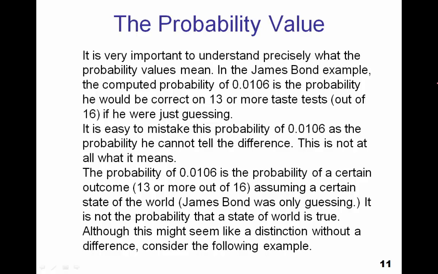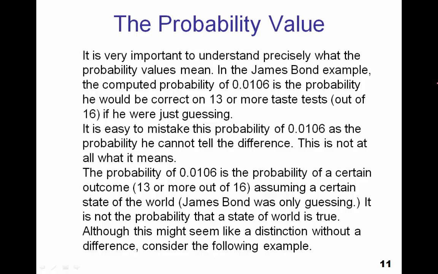It is easy to mistake this probability of 0.0106 as the probability he cannot tell the difference. This is not at all what it means. The probability of 0.0106 is the probability of a certain outcome, 13 or more correct out of 16, assuming a certain state of the world, that James Bond was only guessing. It is not the probability that a state of the world is true.